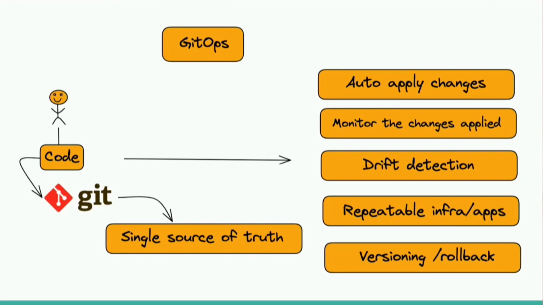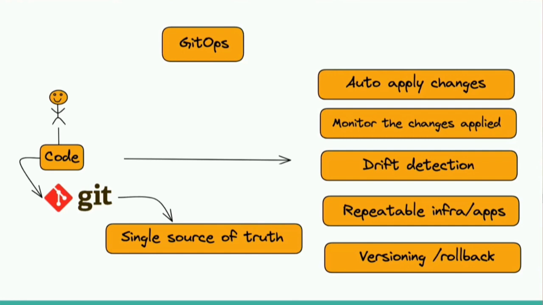Suppose some developer makes changes to the application, and what happens if the changes are not reflecting in the system, or if the changes are not desired? Drift detection in GitOps means maintaining the sync between the actual and desired state. So this is how the workflow is.